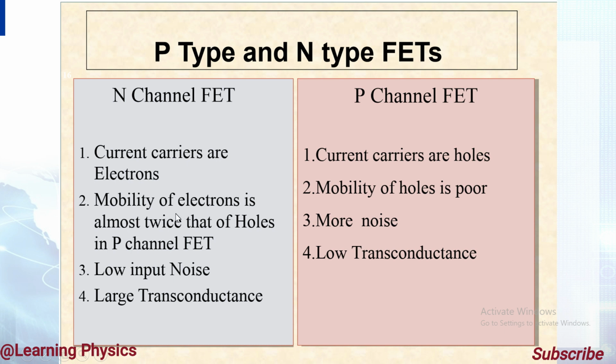Mobility of electrons in n channel is higher than holes, and mobility of electrons is almost twice that of holes in p channel FET, and mobility of holes in FET is poor.